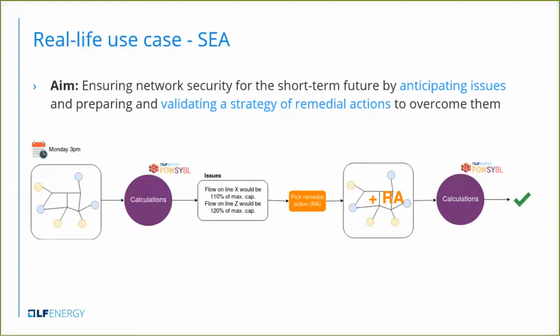For example, the flow on line X would be above its maximum capacity. And then the job of the operator, but also of the SEA software, is to find a remedial action. So that's basically a change in the configuration of the network, some kind of patch, that would make the power flow okay everywhere. To make sure that it is so, we run the calculations again, and everything is okay.